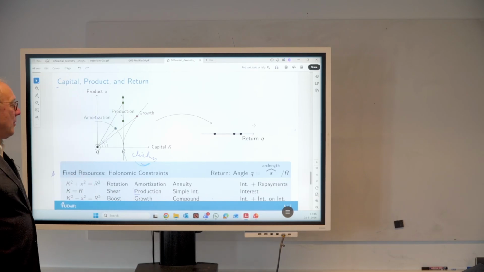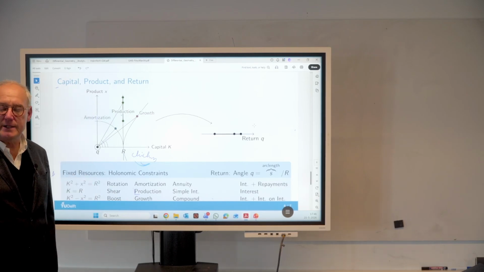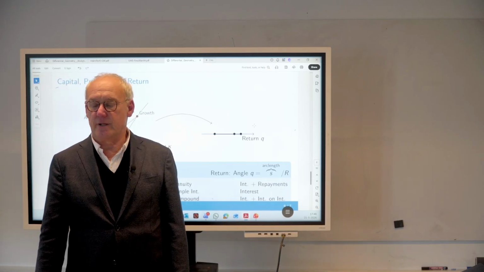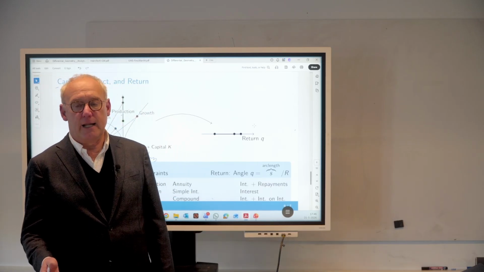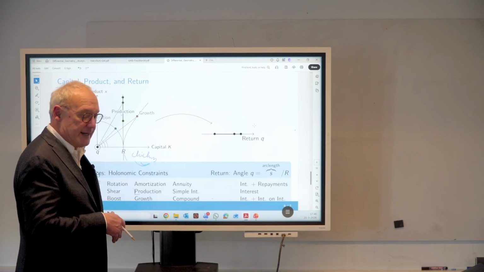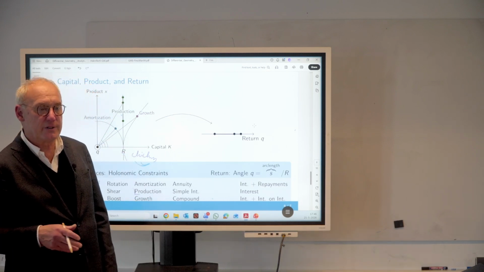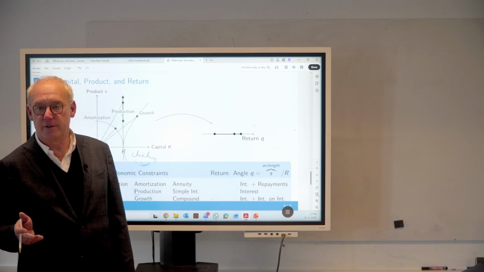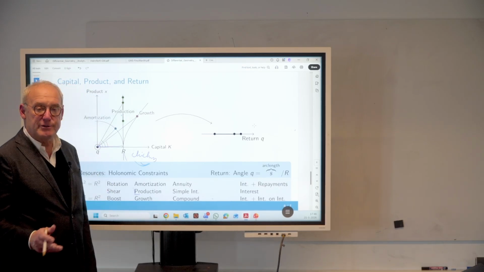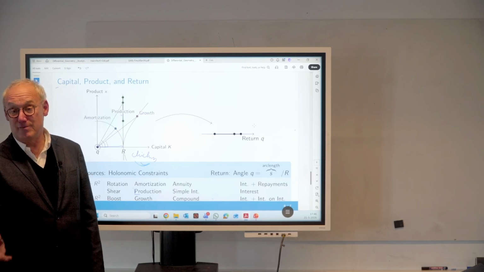If you have an annuity, you know what an annuity is? That's what you get when you buy a house. So they give you this annuity, and you have a period of, say, 10 years or 30 years to pay this off. So when you start out, this is the amount you borrowed, the amount on your mortgage, right?